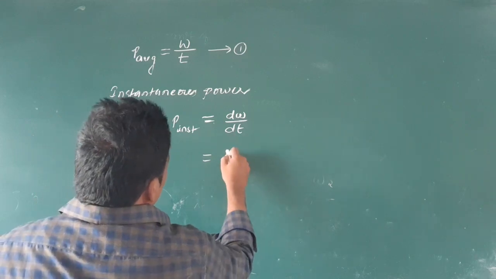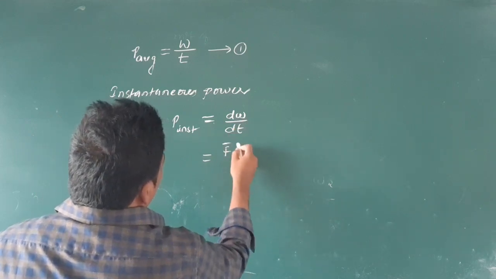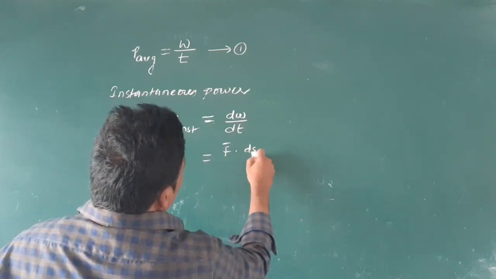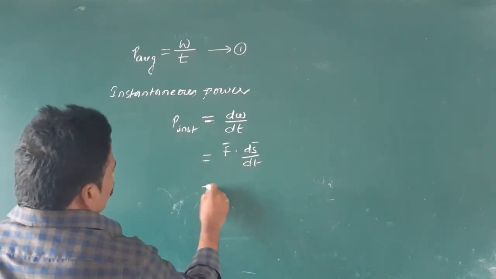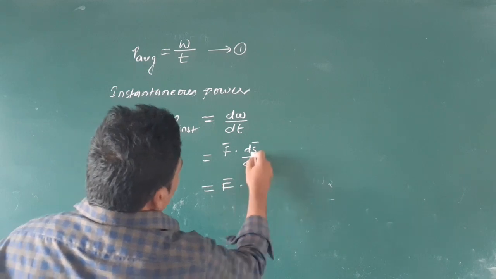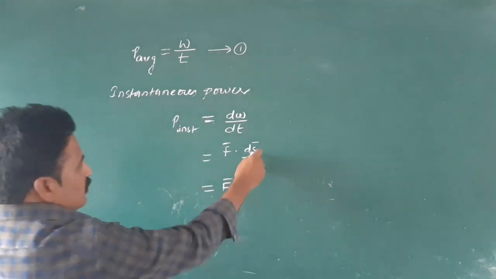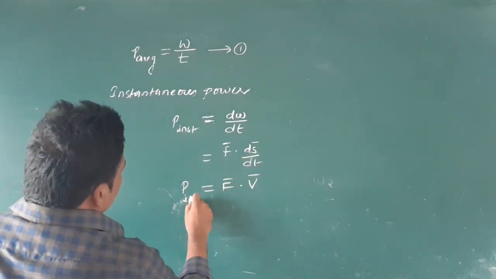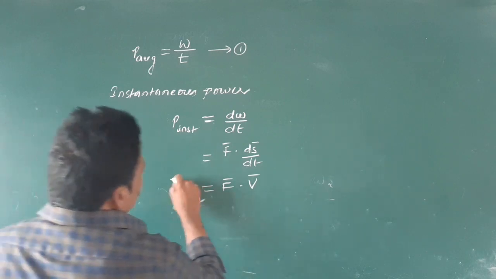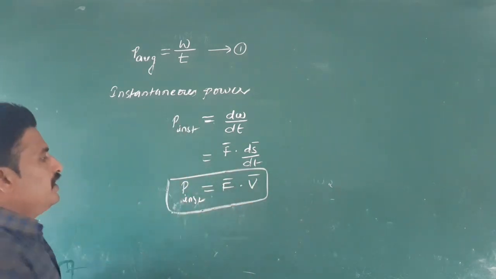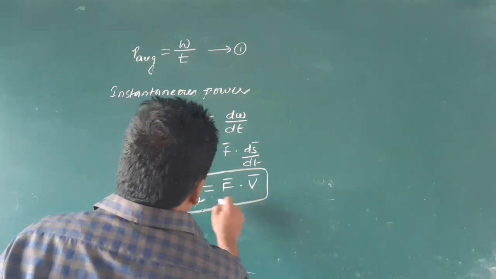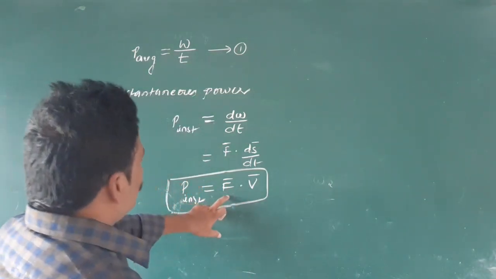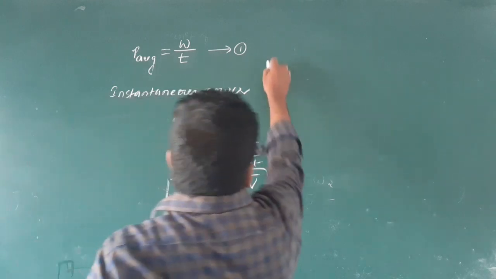From this, work done is equal to force, that is constant, into displacement. Separate that one, and this is force. Rate of change of displacement is known as velocity. This is the expression for the instantaneous power, students. See once here, instantaneous power P is equal to force into velocity.